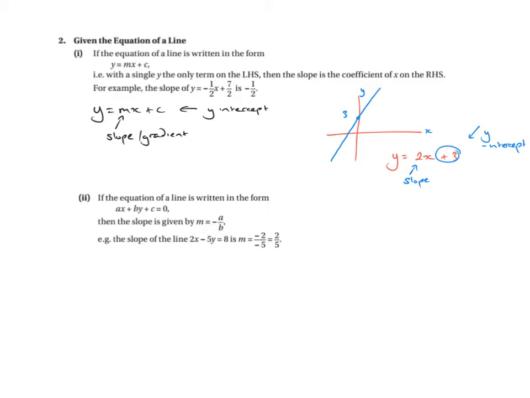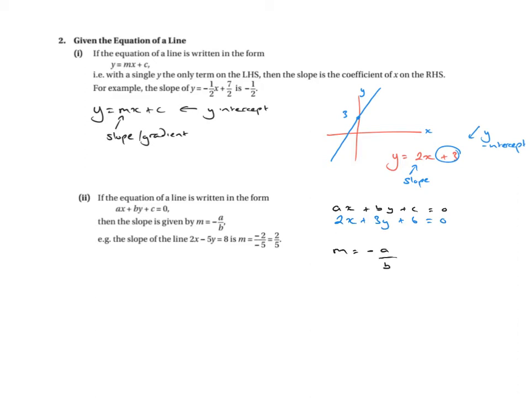So I'll just give you an example of that. If we had 2x plus 3y plus 6 is equal to 0, that's of the form ax plus by plus c is equal to 0, and we're told that the slope, the gradient, m is equal to minus a over b.